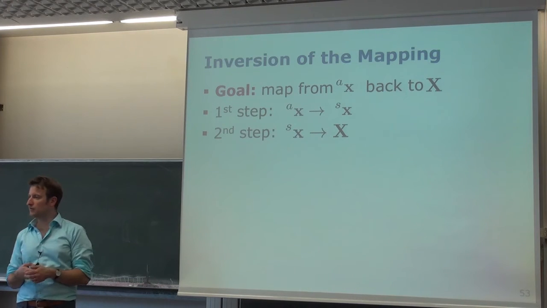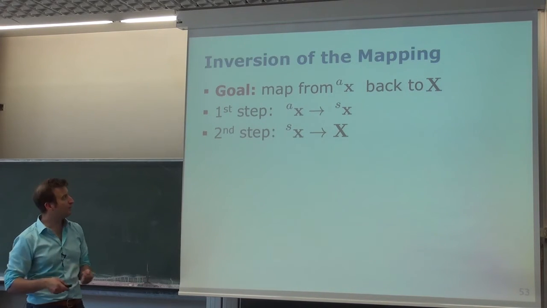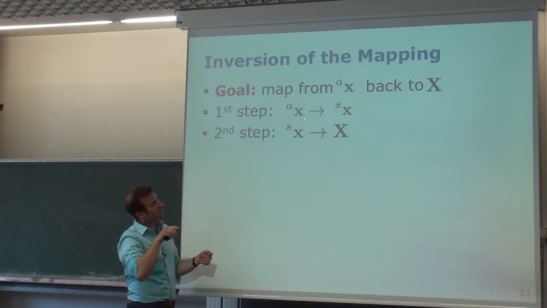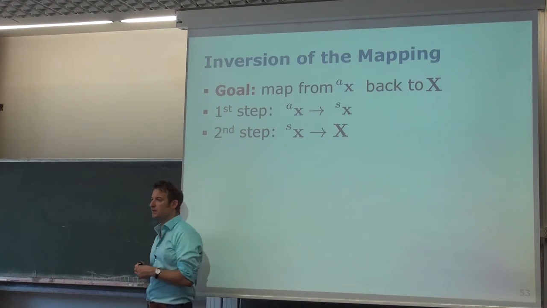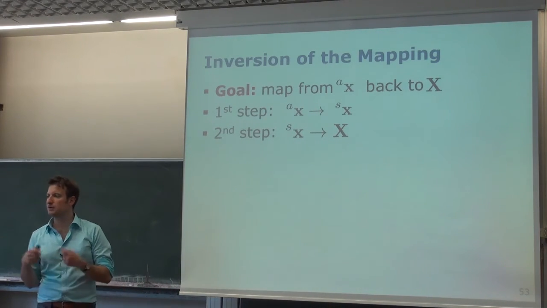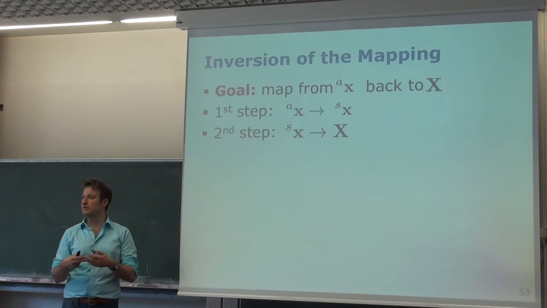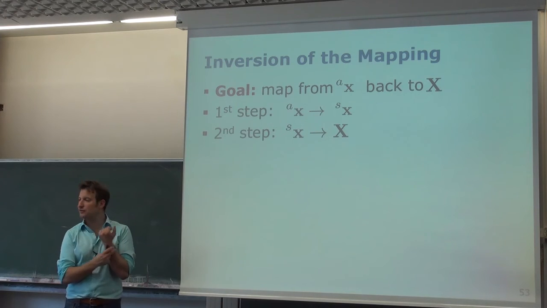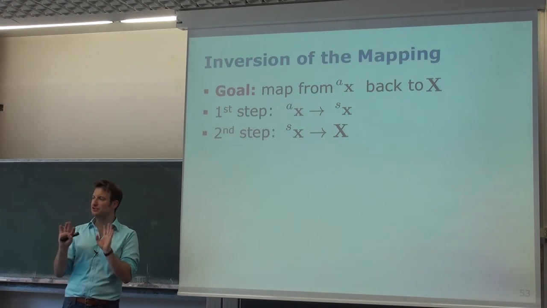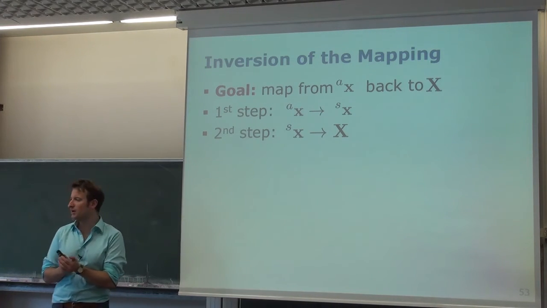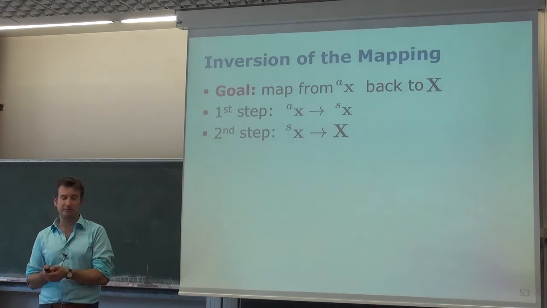We can again do this as a two-step process, the same as we did before. The first step is to map from A to the sensor coordinate system. Once we are in there, we can, for example, invert the affine transformation. And we have this projection there where some information is lost, and we need to see how we can handle that.